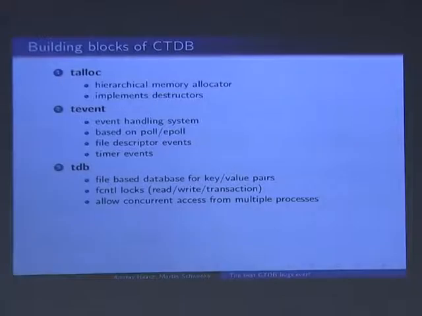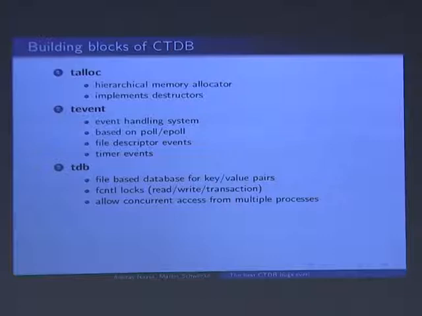So what is CTDB made up of? Three important libraries or components. One is talloc, which is the dynamic memory manager. It's hierarchical and it simplifies a lot of memory management tasks in CTDB. Then tevent, which is the event handling framework.